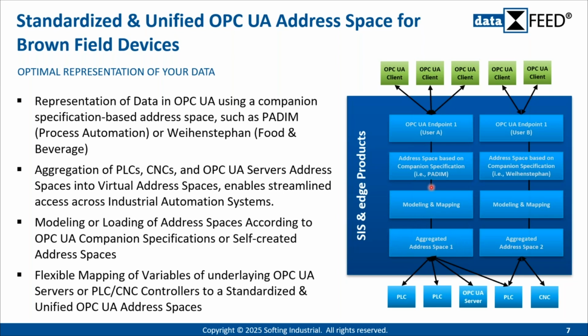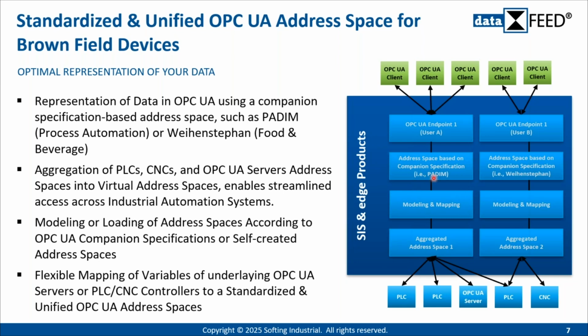On top of this, we now have the possibility in our system to model and map the data based on a companion specification, for example PADIM, process automation, Weihenstephan, or whatever exists. And this underlying address space will then, after the modeling, be mapped to this newly created address space.